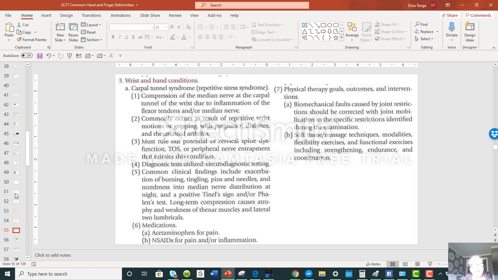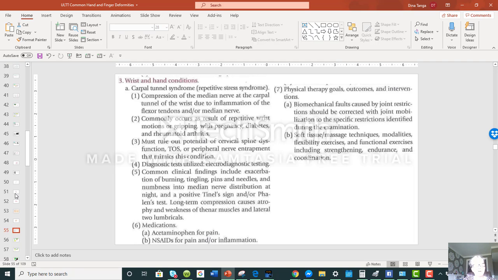Compression of the median nerve at the carpal tunnel of the wrist due to inflammation of the flexor tendons and/or median nerve. Commonly occurs as a result of repetitive wrist motions or gripping, with pregnancy, diabetes, and RA, rheumatoid arthritis.